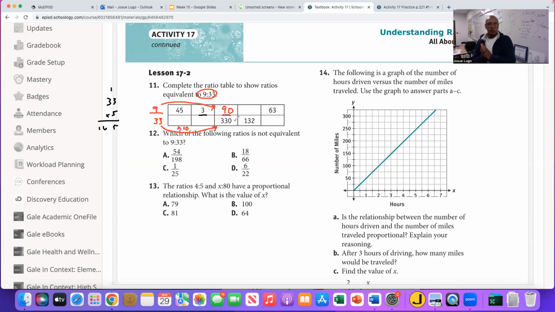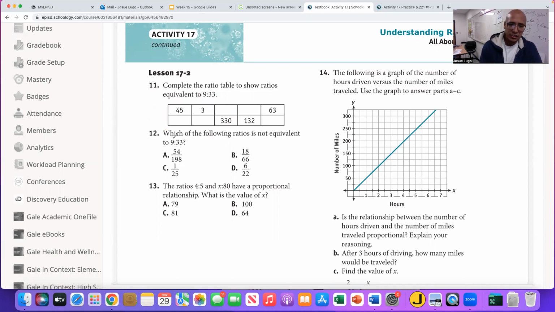So ladies and gentlemen, you're using that same pattern to fill this table, okay? I believe they're all going to fit evenly. And again, you don't have to use 9 over 33. For example, once you figure out this one down here, because it's a smaller fraction, it might be easier to use to fulfill the table. But I'll let you guys try to figure that out on your own.